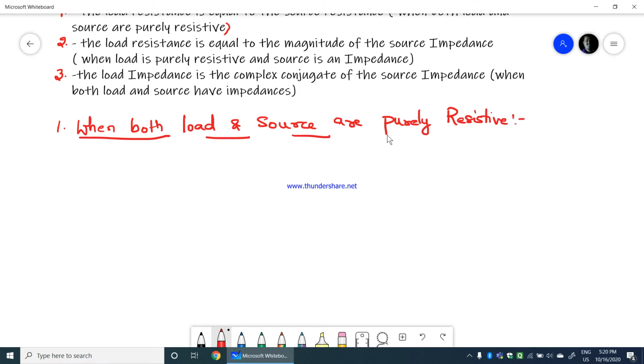Let us write the diagram for this case. Both the source and the load are purely resistive, and they are connected with an excitation, that is nothing but the voltage source.